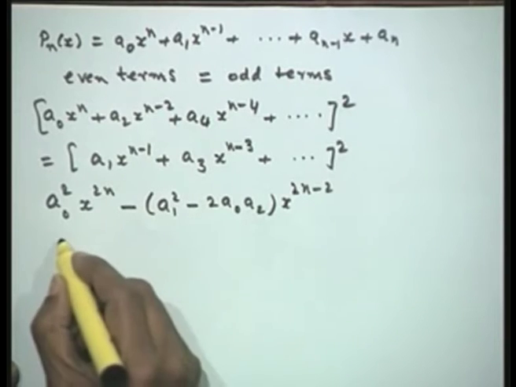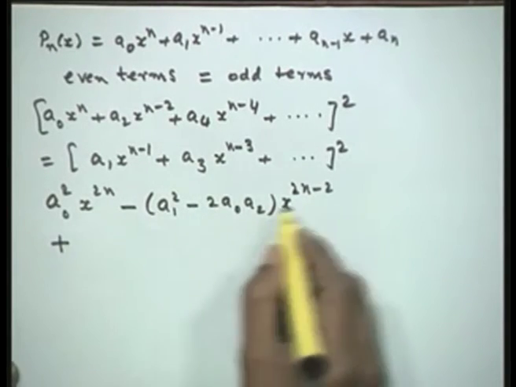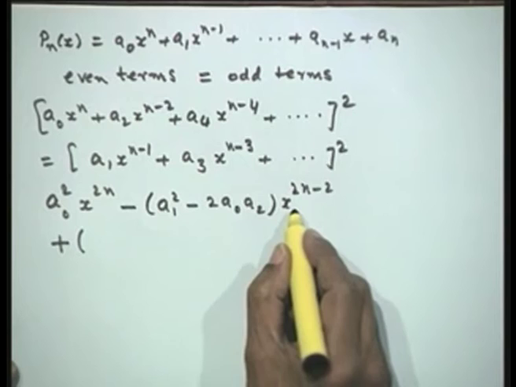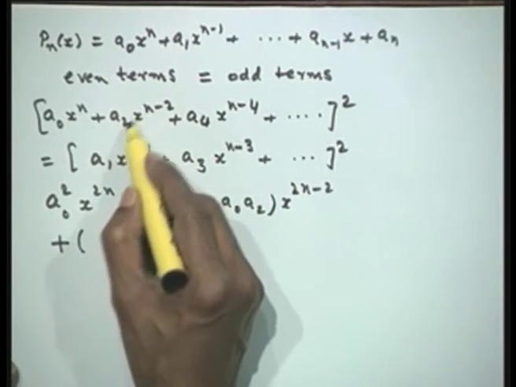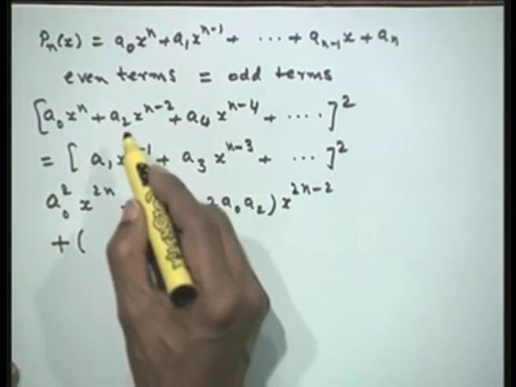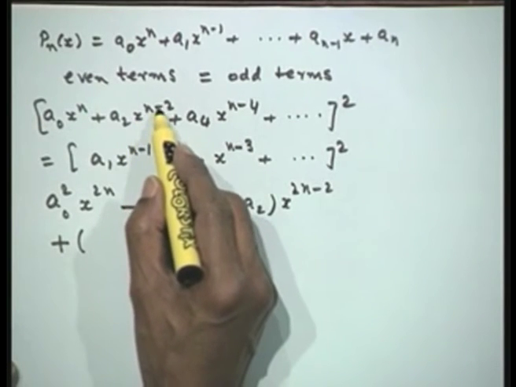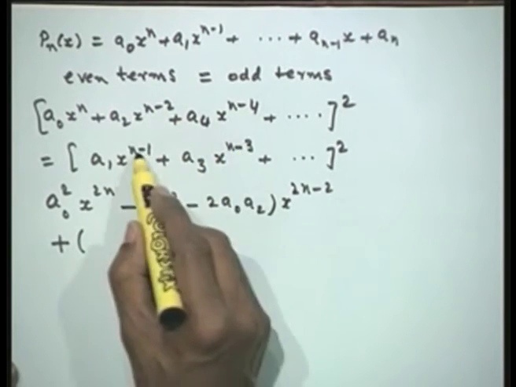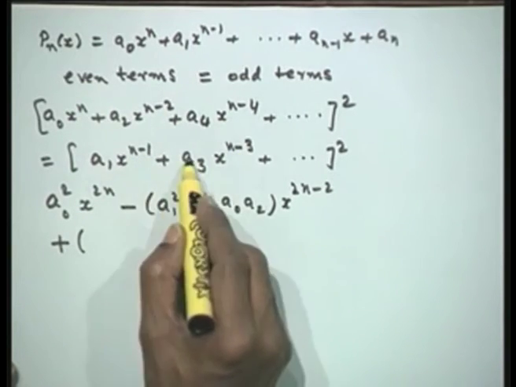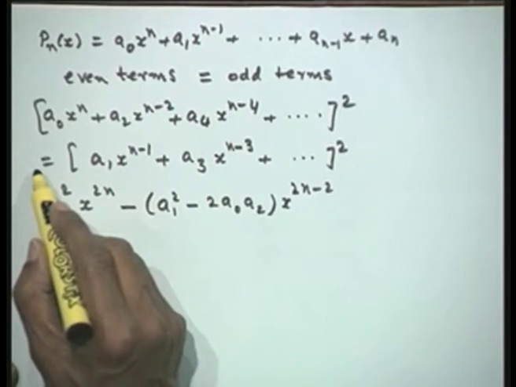Then I would write the next term, x to the power of 2n minus 4. Now you can see 2n minus 4 comes from the square of this as we move from left to right. This cross product a naught a4 is also 2n minus 4. So one term on the right hand side is coming to the left.